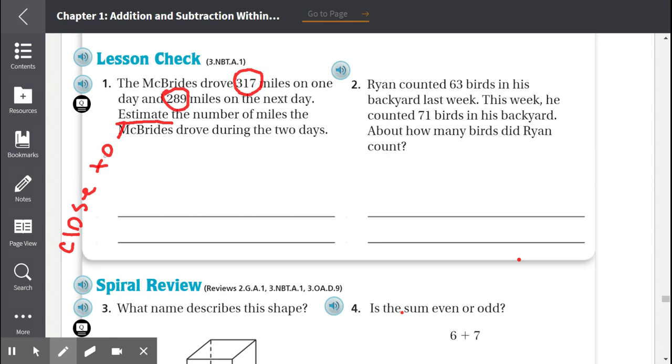So let's begin. 317, if we round to the nearest hundred, 317 becomes 300, and 289 becomes 300.